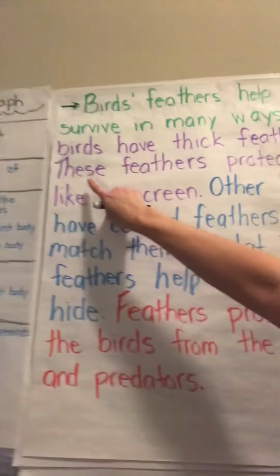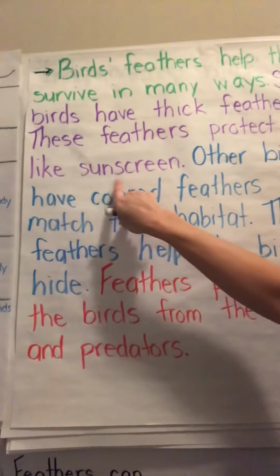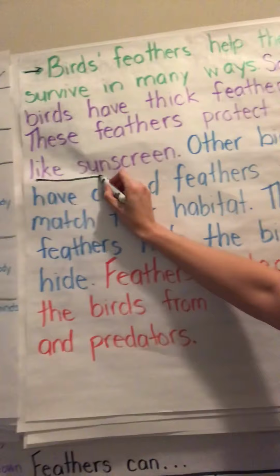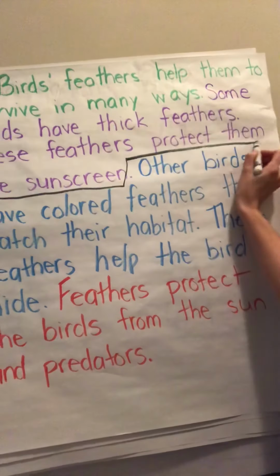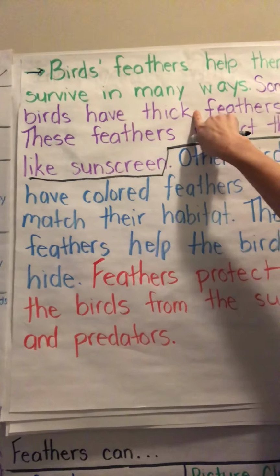But we need to explain how those thick feathers help the bird survive, because if we just say thick feathers, that doesn't tell us anything. So our next sentence explains. It says, these feathers protect them like sunscreen. This second sentence is helping explain our first part of our detail, giving us more information about how those thick feathers help the bird survive.